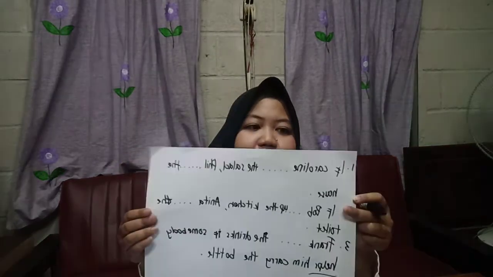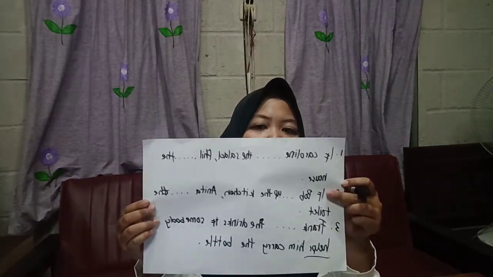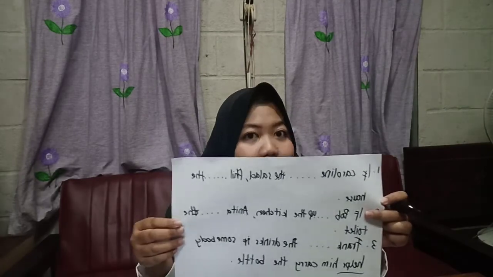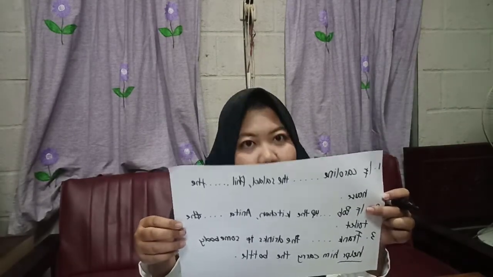Now I will give you a task to write at home as homework. You can finish it at your house. The homework is this. First, if Caroline blah blah blah the salad, Bill blah blah blah the house.